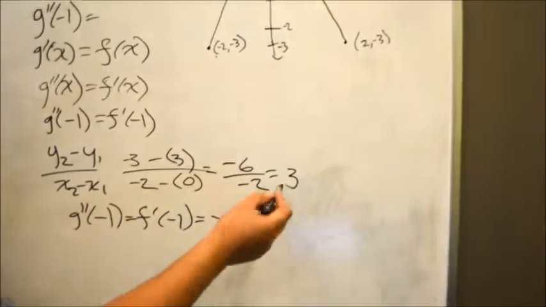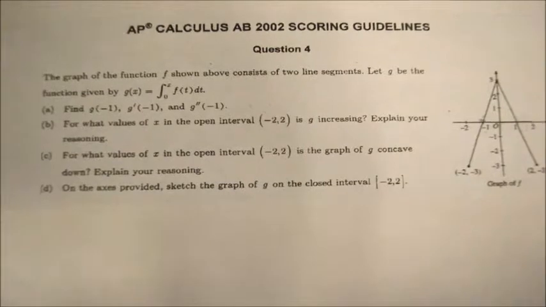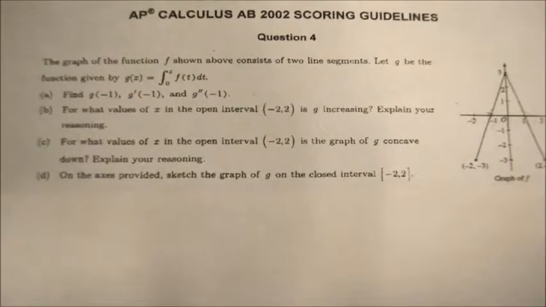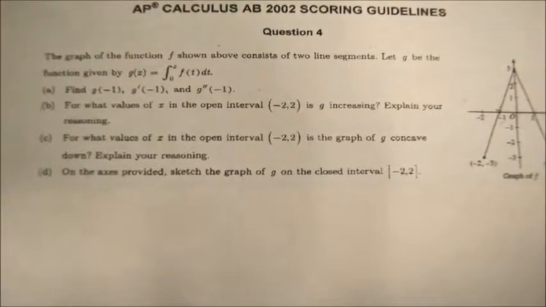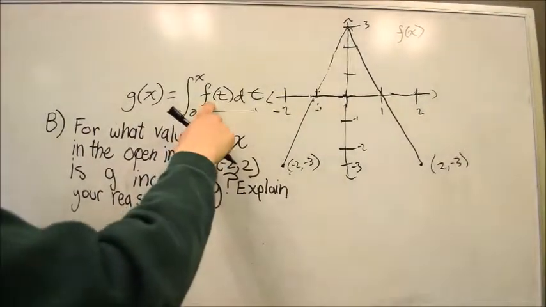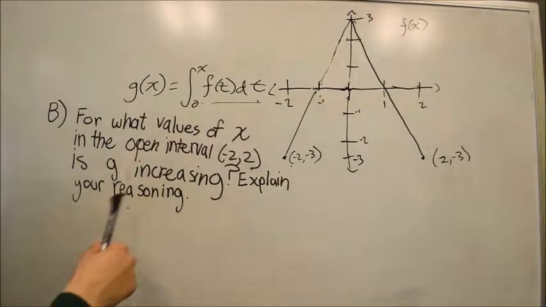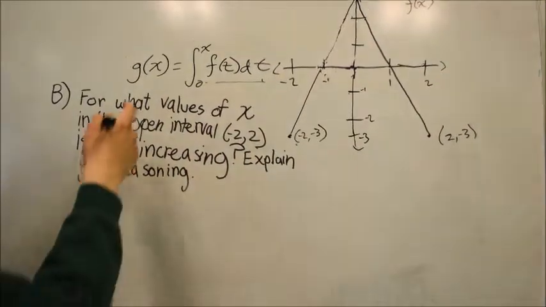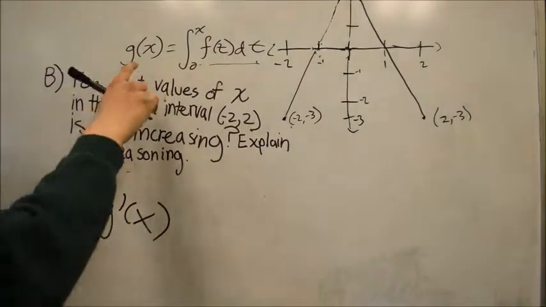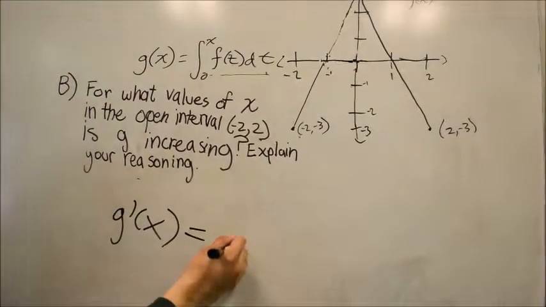since the slope at x equals -1 is 3. So for part B, they're asking in what values of x in the interval from -2 to 2 is g increasing, and they also ask to explain. So we know that g of x equals the antiderivative of f of t, and to find where it is increasing we need g prime of x. If we take the derivative of this, it will be f of x.